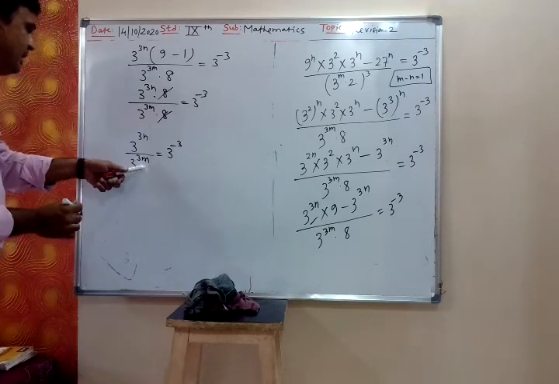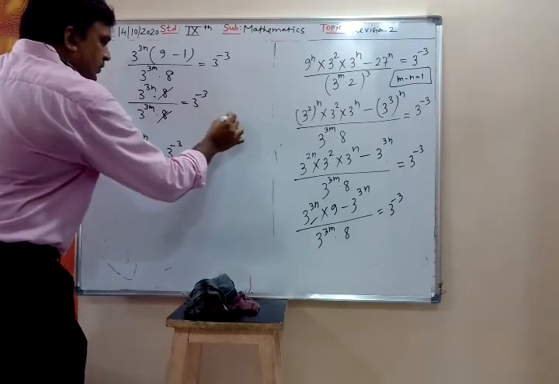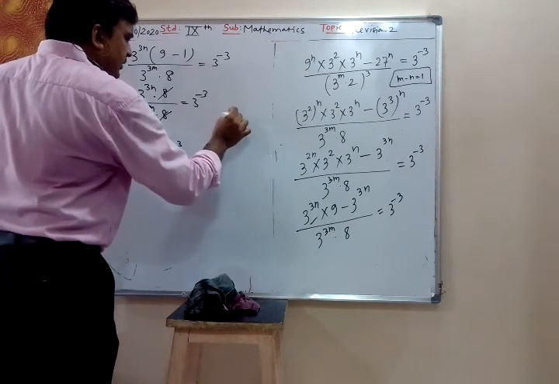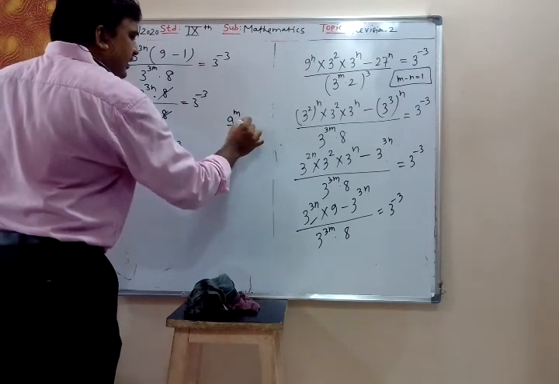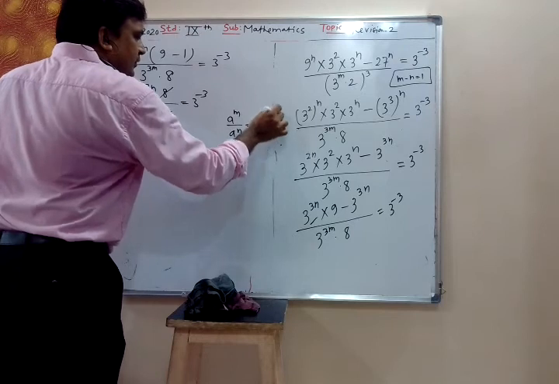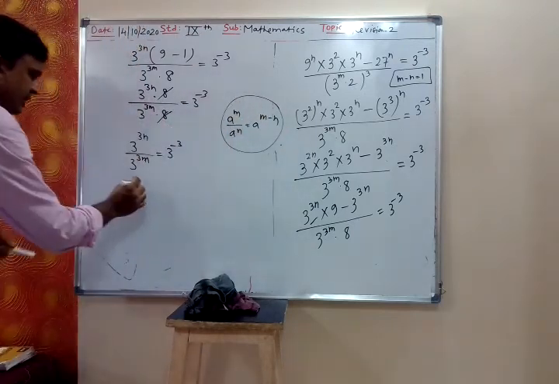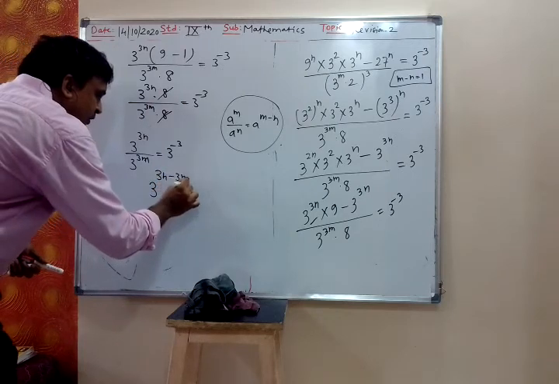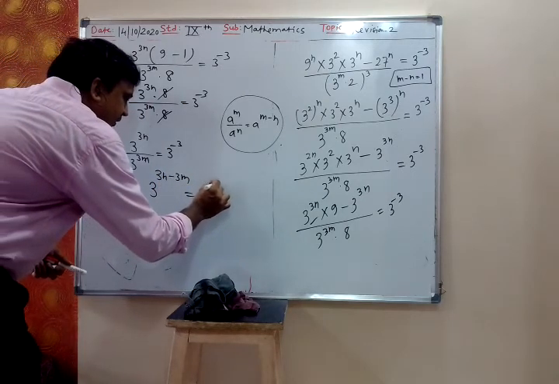Now a raised to n upon a raised to m, I can write as a raised to n minus m. When we divide, the power will be subtracted. So 3 raised to 3n minus 3m is equal to 3 raised to minus 3.